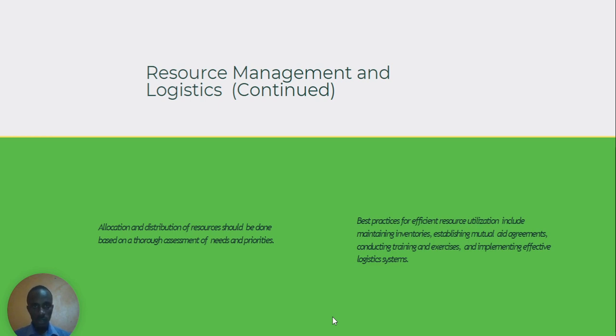Best practices for efficient resource utilization include monitoring inventories, or the things that are stored, then establishing mutual aid agreements. For example, if there is a limitation in resources in a country, for example, in South Sudan, then they can outsource for resources in a neighboring country, and that will be called through an agreement called the mutual aid agreement.